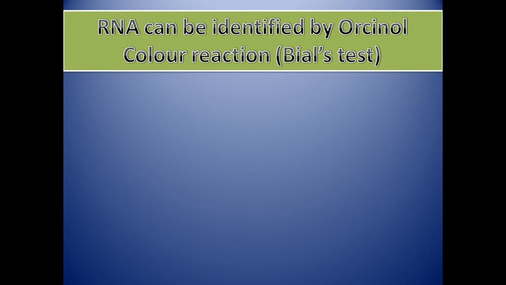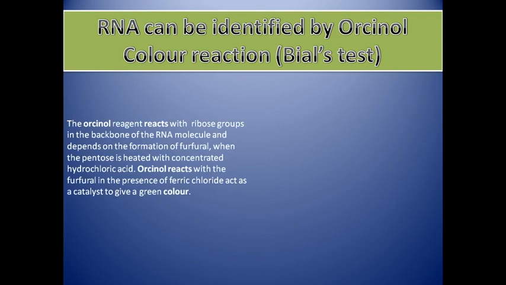Now, another important thing is that RNA can be identified by the Orcinol color reaction, which we call Bial's test. As I told you, in RNA we have a ribose sugar which has an OH group. Orcinol is a chemical compound that reacts with the ribose groups in the backbone of the RNA molecule and depends on the formation of furfural.